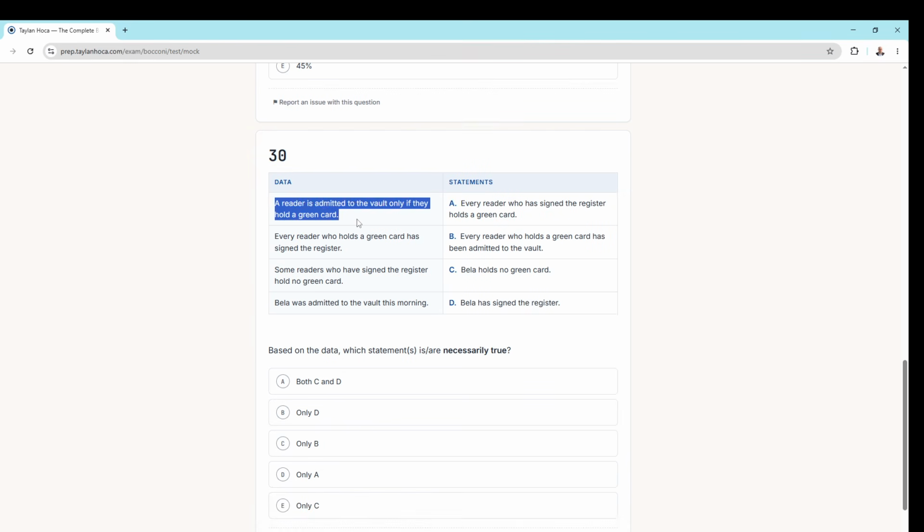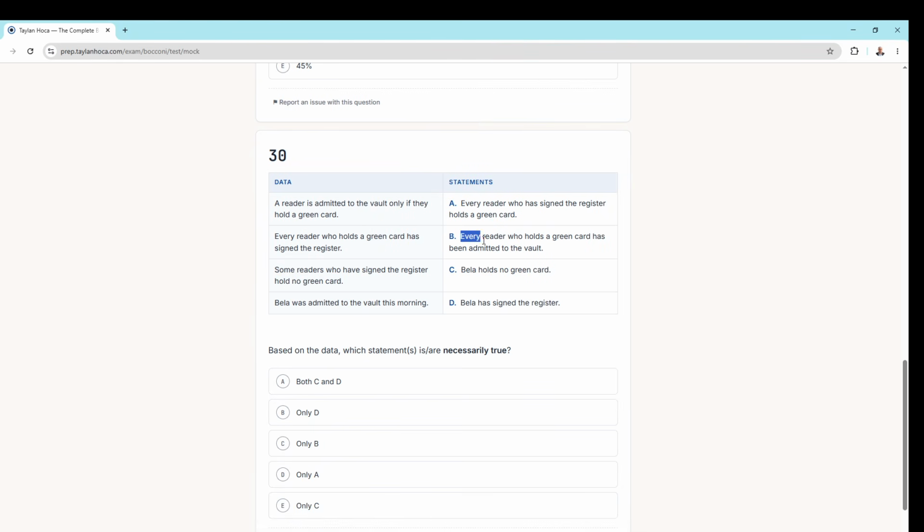A reader is admitted to the vault only if they hold a green card. No other choice. Only if they hold a green card. So there is no other way of being admitted to the vault other than holding a green card.